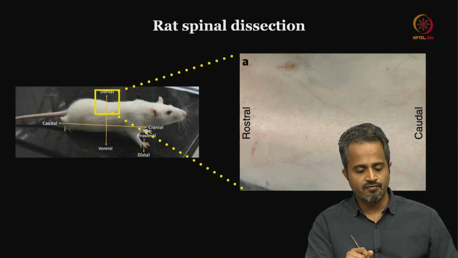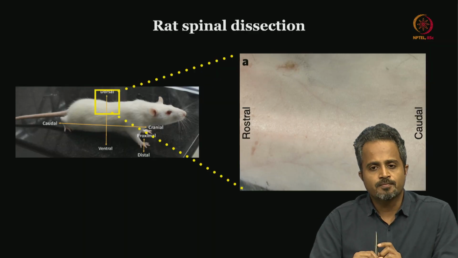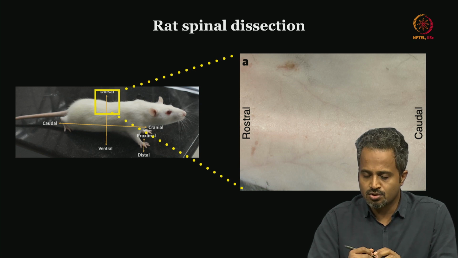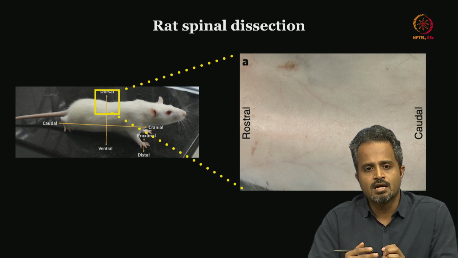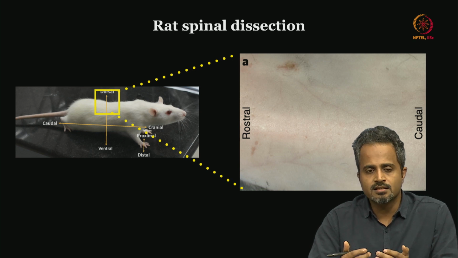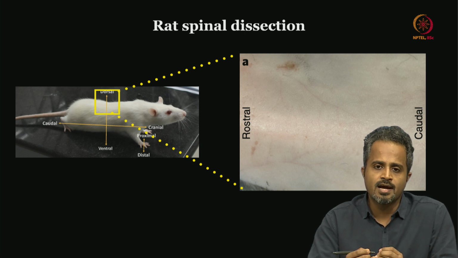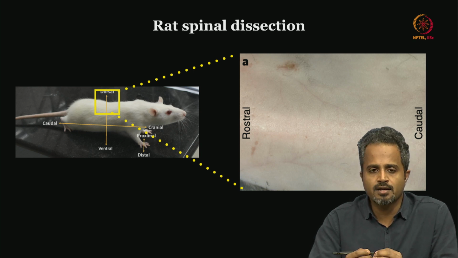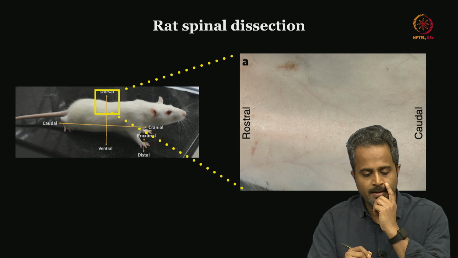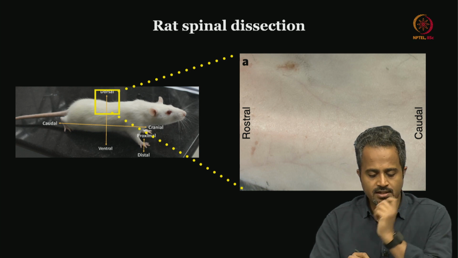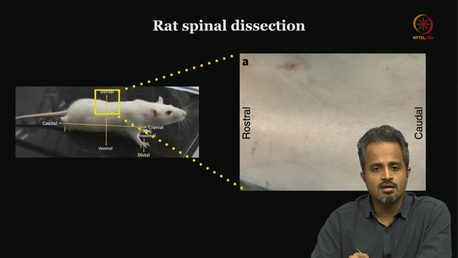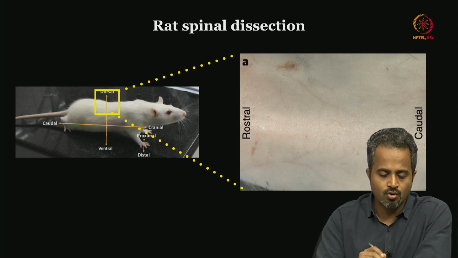So with that brief introduction, I will try to show the layers, in reality how many layers need to be dissected out before we reach the actual central core of the spinal canal, that is the spinal cord. On the left hand side I have shown the rat mainly to orient yourself again to what is dorsal and ventral.